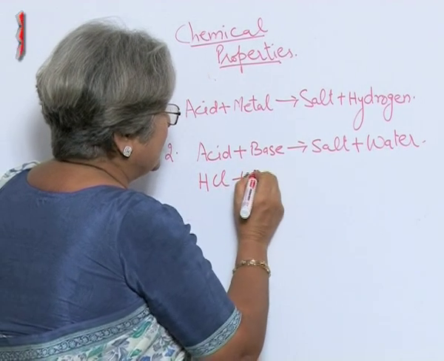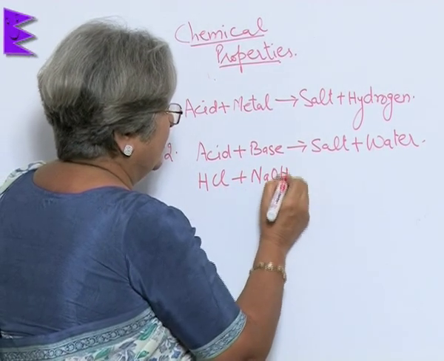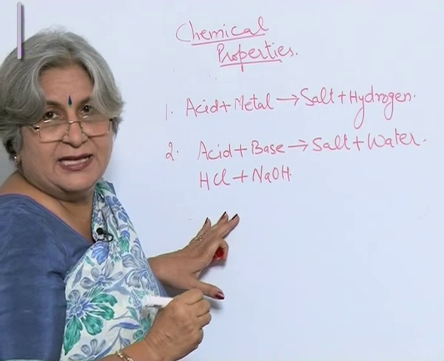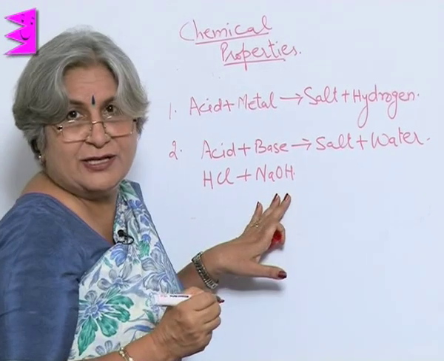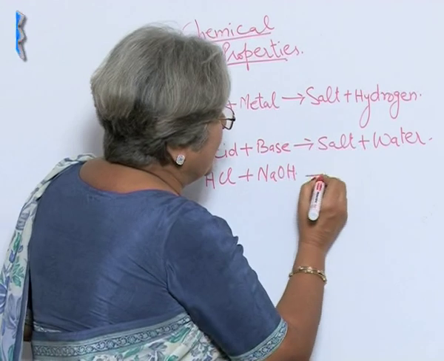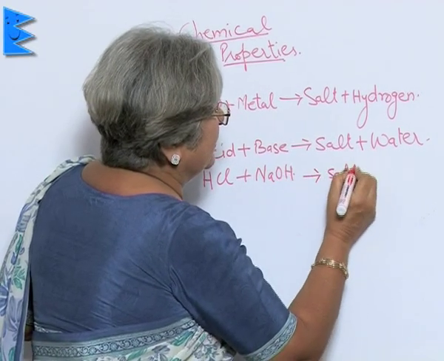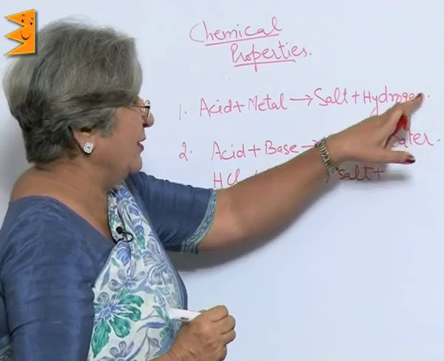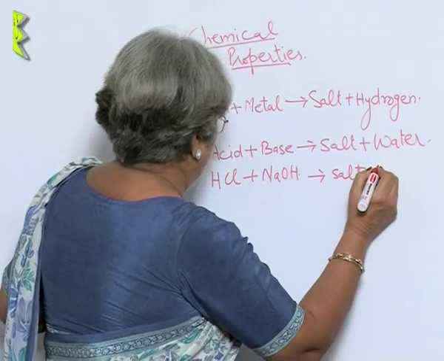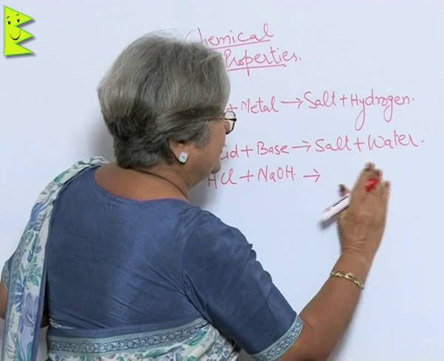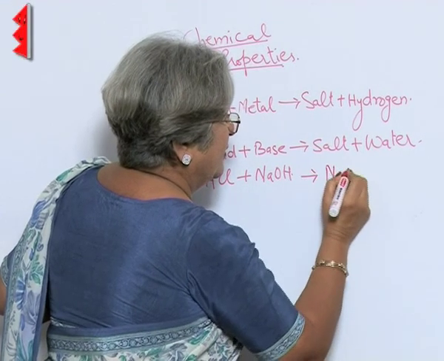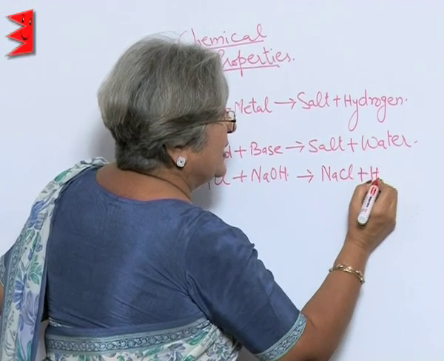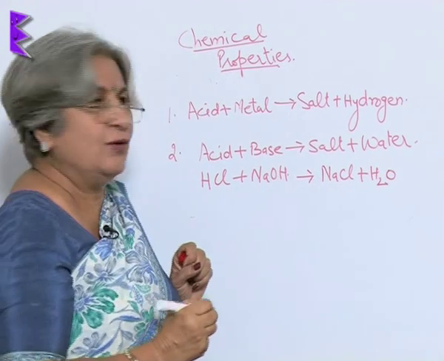HCl plus NaOH. Now HCl being acid is sour, NaOH is bitter, and what we get is a salty thing. But now instead of hydrogen we will get water. NaCl plus H2O.